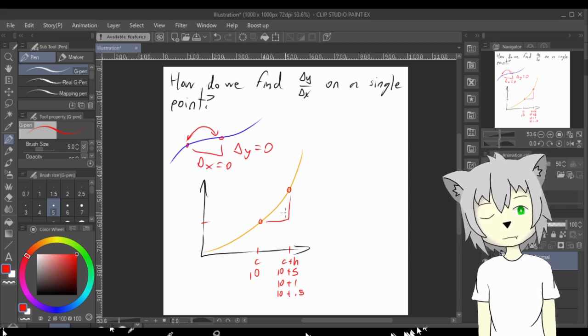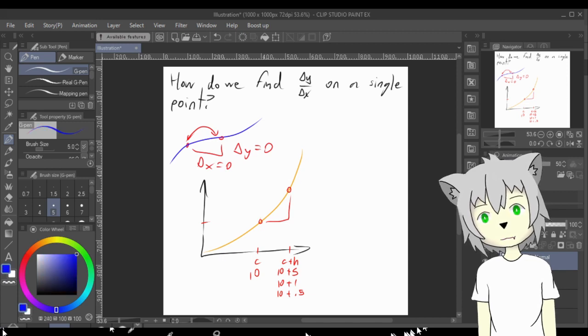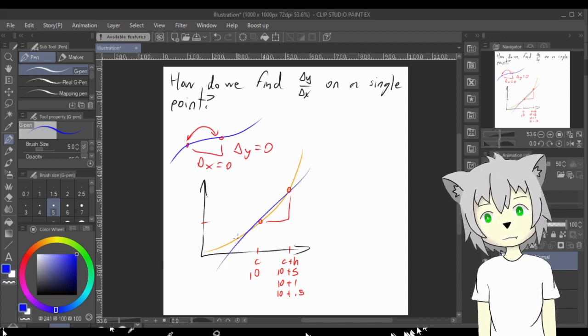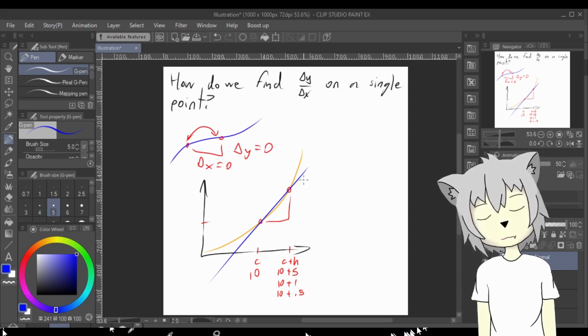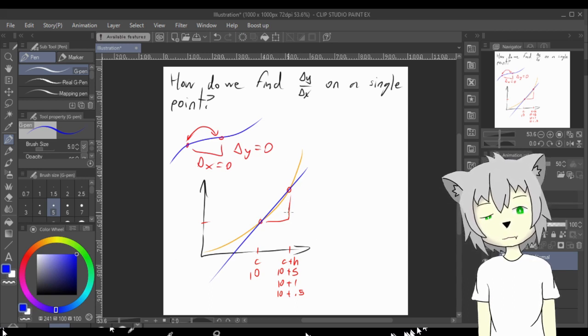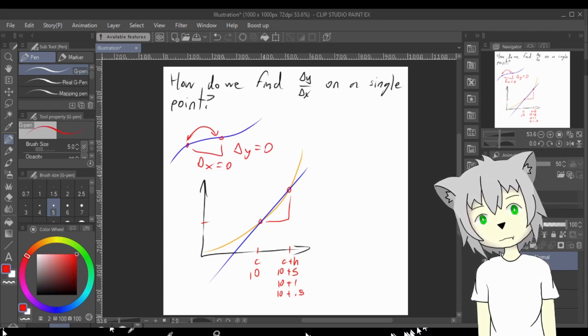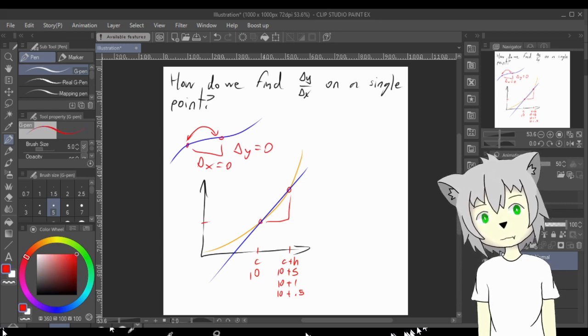We can say that the line between these 2 points is, I believe it's called a secant. The line between 2 points on a curve, sort of like this, I believe it's called secant. I didn't refresh my knowledge on that, but that's what it's called.